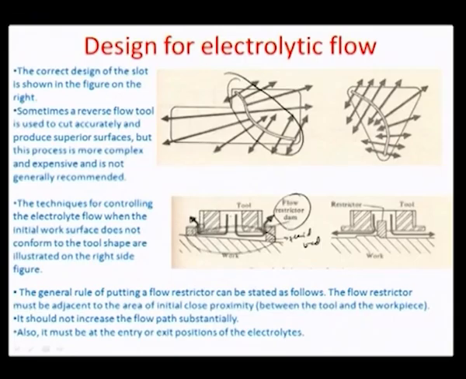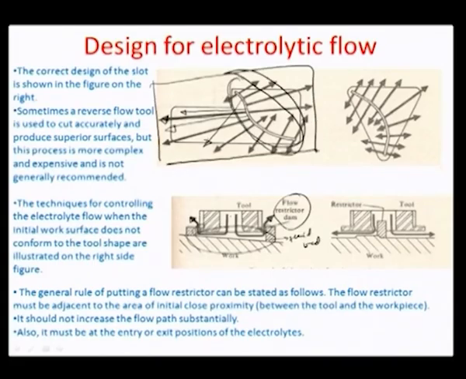So in this particular case there may be a flow coming out here, there may be a flow coming in this direction, okay, there may be a flow coming in this direction as already illustrated, this direction perpendicular to the slot is already illustrated. And so the idea is that the curvature of the slot has been designed in a manner so that the full area can be supplied with the electrolyte. Same is the case here, okay.